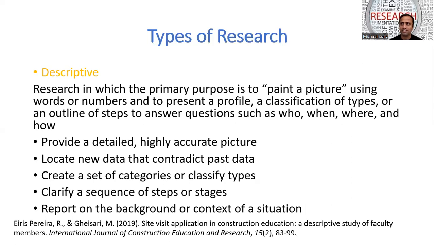Which gender is affected? What are the age groups? And so on. We need to categorize things. We need to sequence things in order to understand how this happens and report a background or a context of a situation. In other words, we try to describe here the research phenomenon under study.